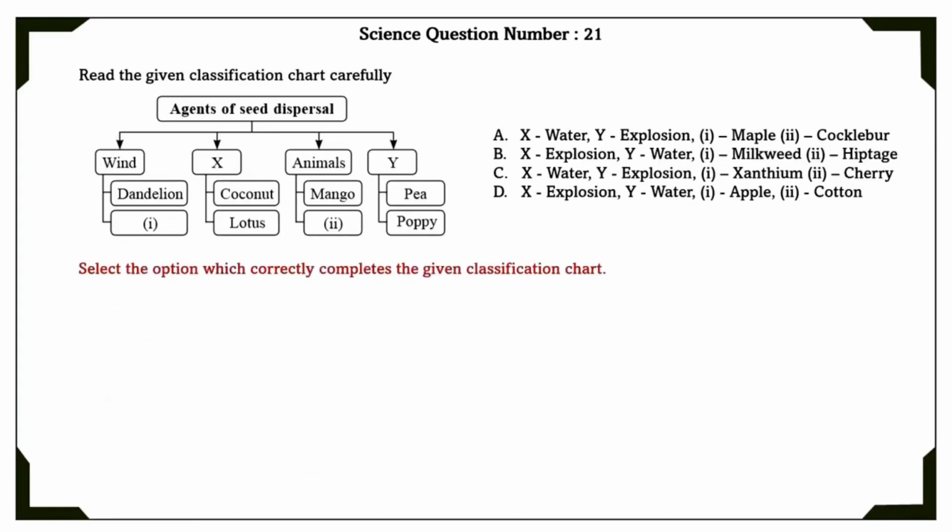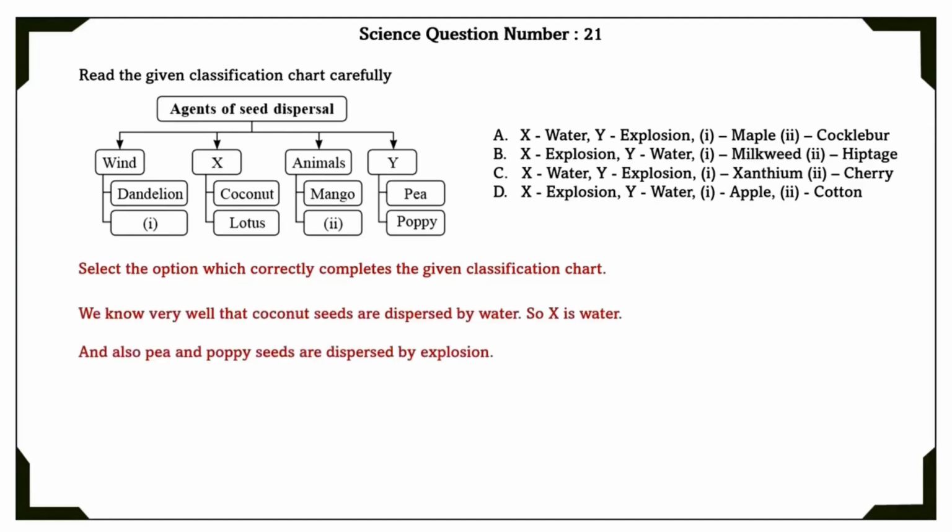Science question number 21. Read the given classification chart carefully. Select the option which correctly completes the given classification chart. We know very well that coconut seeds are dispersed by water, so it can be X. And we also know that pea and poppy seeds are dispersed by explosion.